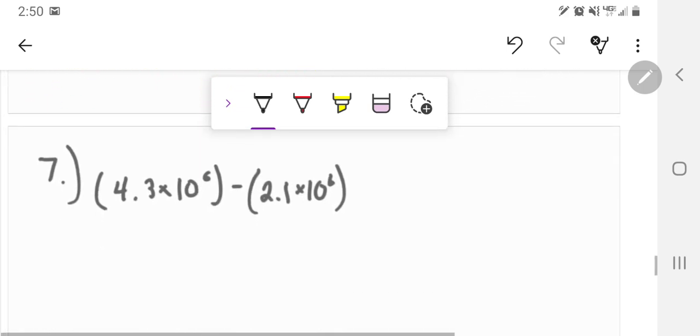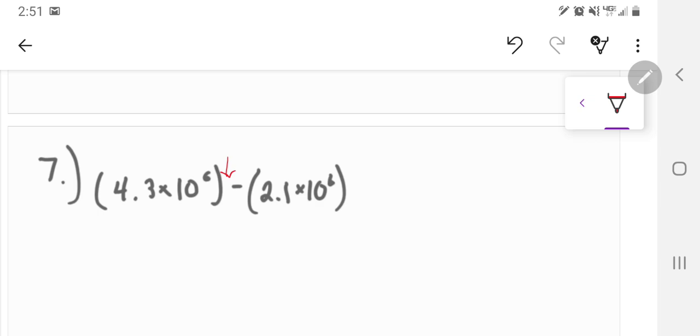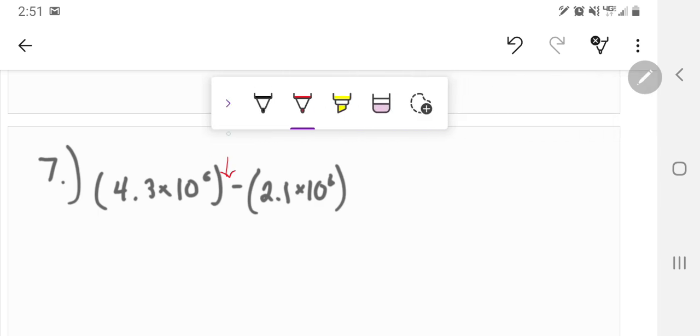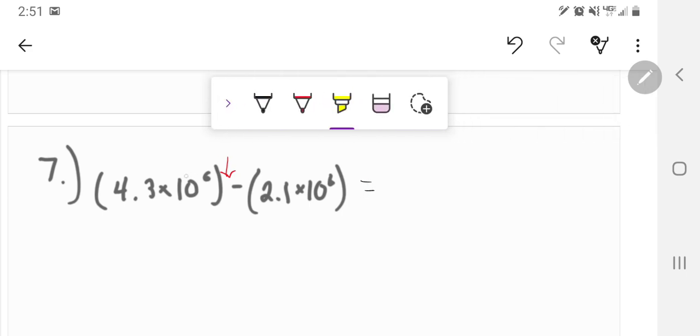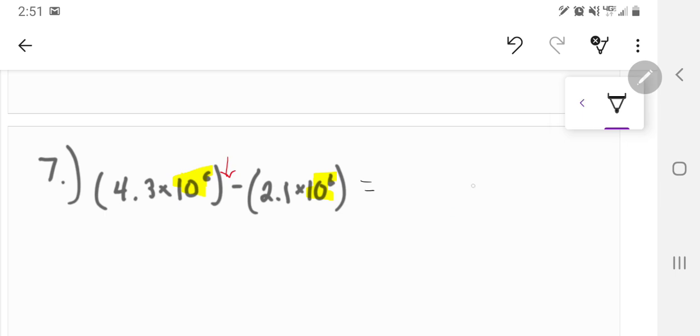Two more problems. We got subtraction. So go to your addition and subtraction section and check it out. Follow the rules, follow the steps. We're going to look here and see that they match. That means we can jump right to the distributive property.